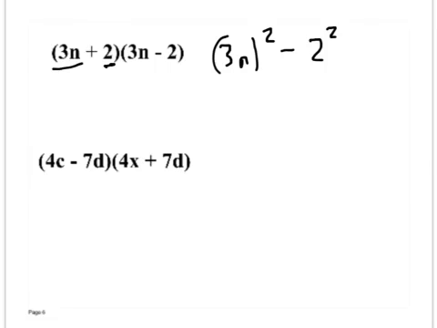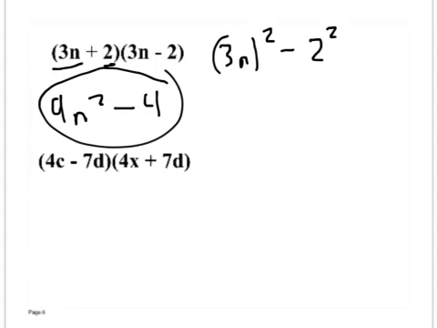That's all you do. So 3n squared would be 9n squared minus 4. There's your answer. I got 6n squared minus 1. Well, 3 times 3 is not 6, it's 9. That's the problem.